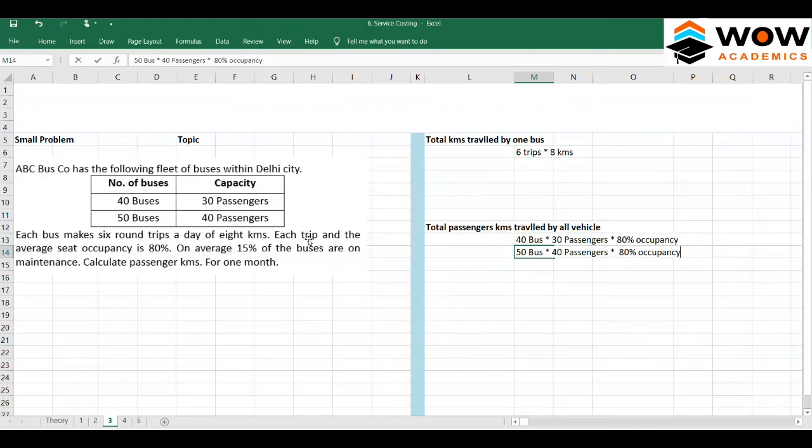And then on average 15% of the buses are on maintenance, so we can put it here. One bus is not going to run all the time. 15% of the time these buses are idle, not operational. So only 85% is operational.